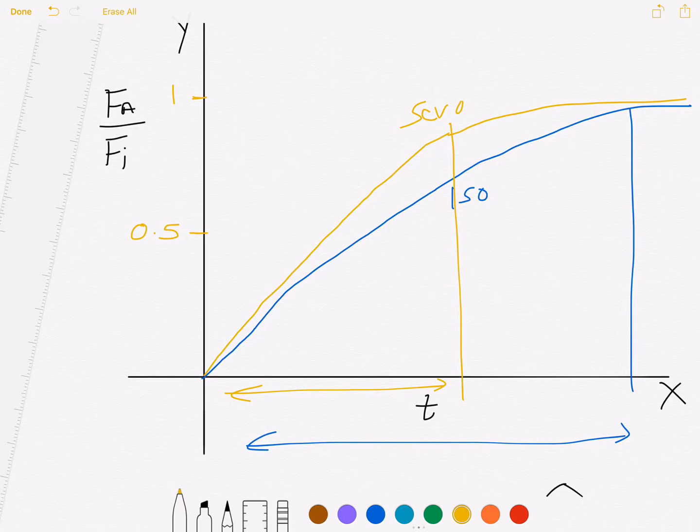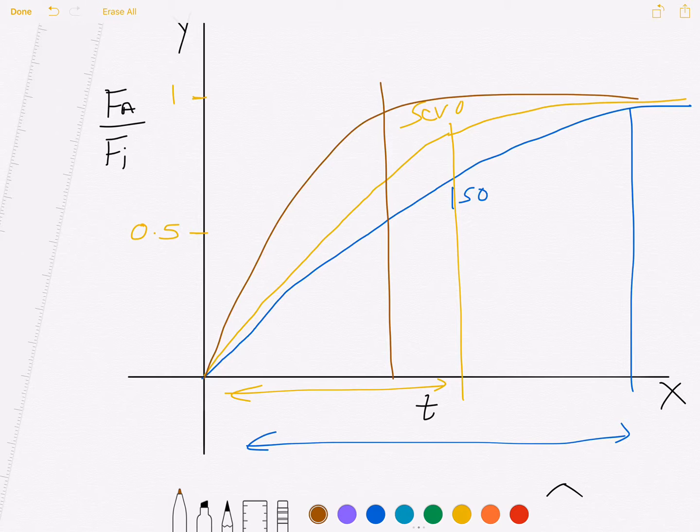Let's have another gas, let's say brown, that is desflurane. So desflurane also has the same concept, but the time it takes for desflurane to reach a steady state is even shorter than sevoflurane. And for completeness' sake, let's have halothane in orange. The time it takes for halothane is even longer than isoflurane.